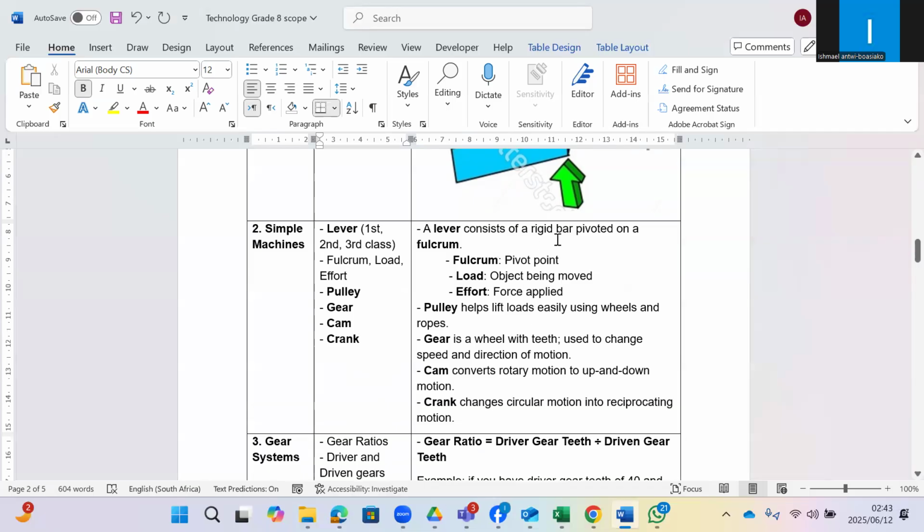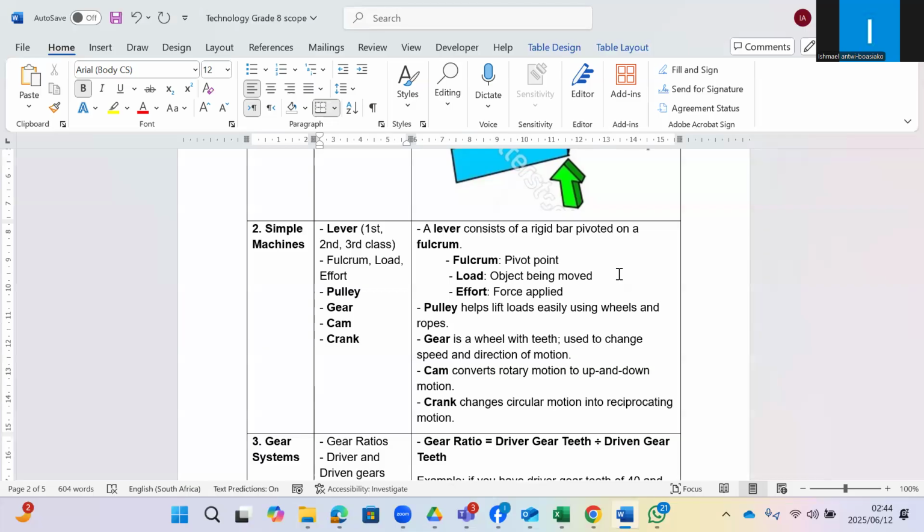A lever consists of a rigid bar pivoted on a fulcrum. So the fulcrum is the one that the load and the effort move around. The fulcrum, we call it the pivot point, and the load, we call it the object being moved. So if you want to move a certain object, you need to apply a force, and that should turn around something.